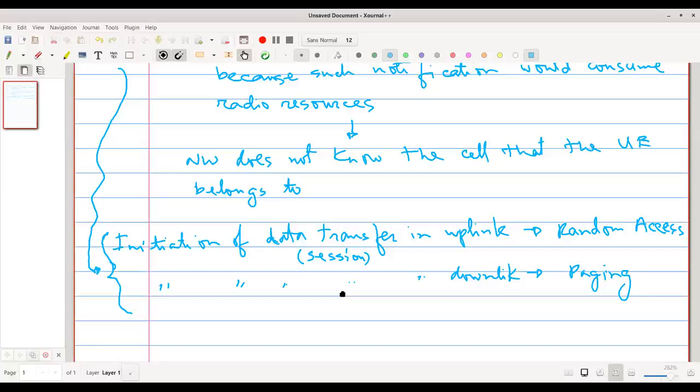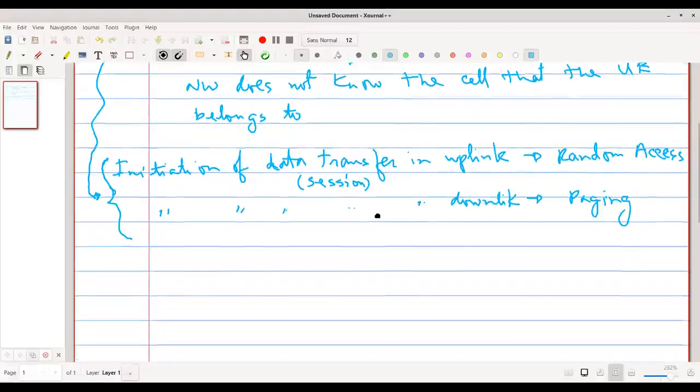In 2G, it was called location area. I'm talking about 2G because in 2G it is simpler. Later I'll move to 4G.